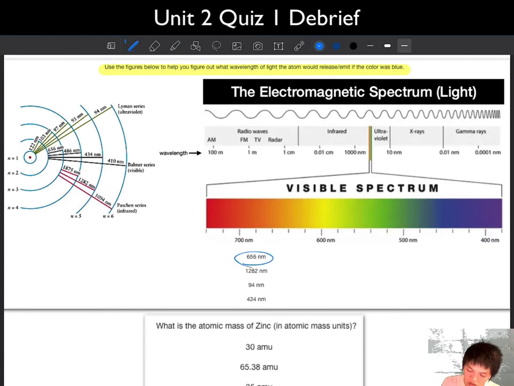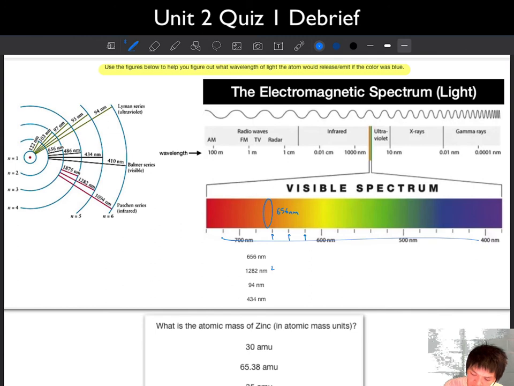So, we got these choices right here. Which one is blue? 656 nanometers. That's 20, 40, 60. 656 would be around here, right? That's not blue. Next one, 1282 nanometers. That's not even on this chart.